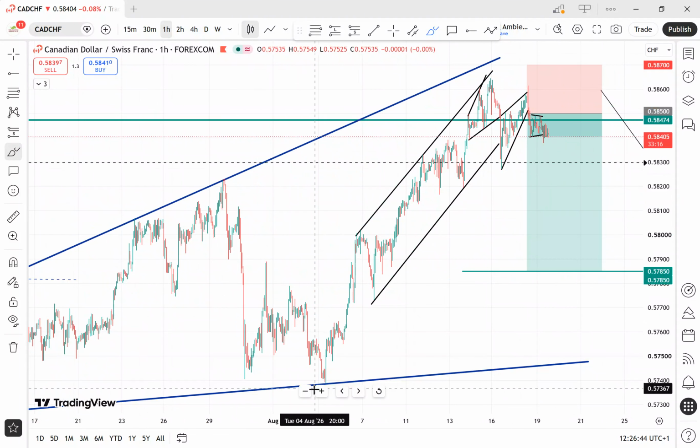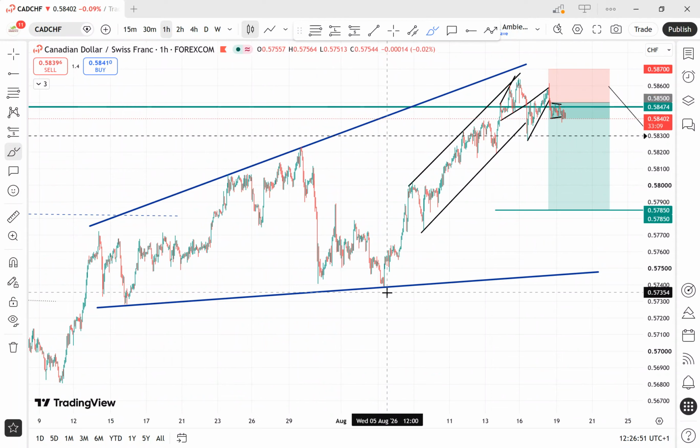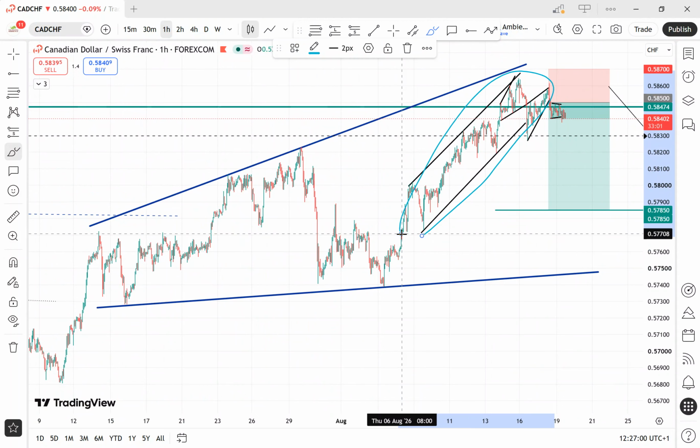How did we approach this high on the mid time frame? On the mid time frame we have this bullish impulse, and we have a bearish reversal structure right here.